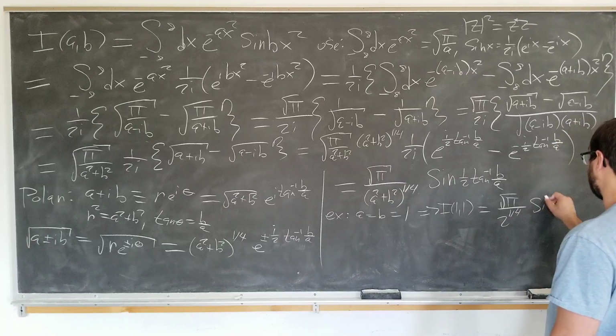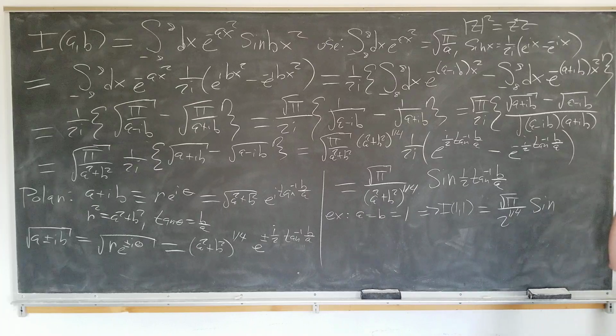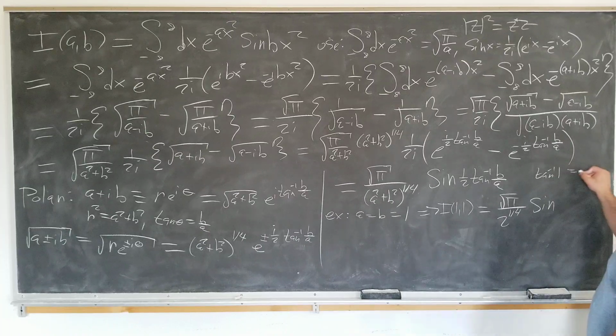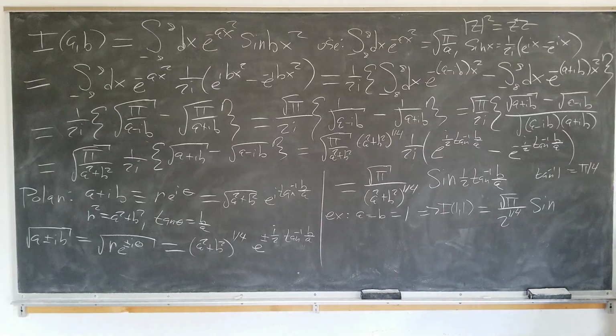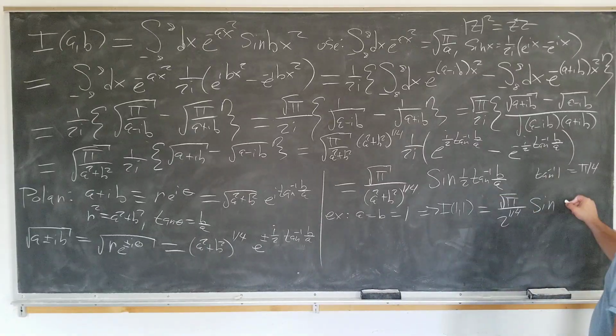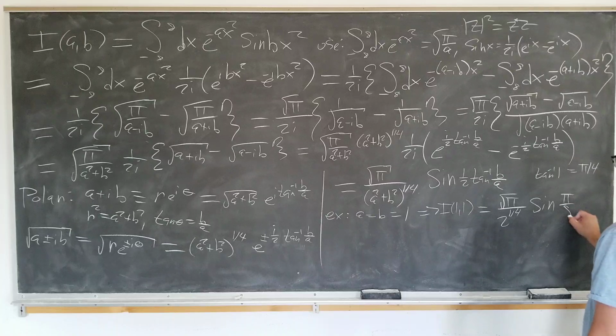And now we have sine of this. So inverse tangent of 1, which is what b over a is equal to, is pi over 4, since pi over 4 is the angle that has a tangent of 1. So this becomes sine of pi over 8.